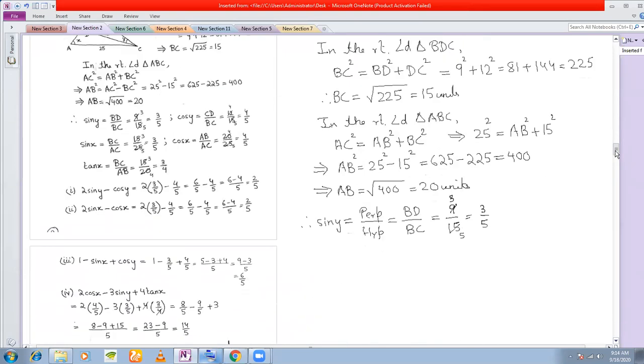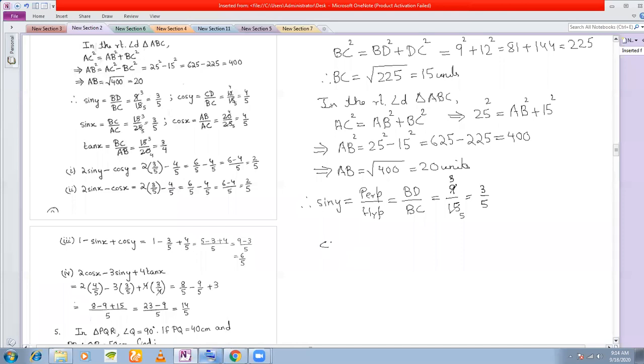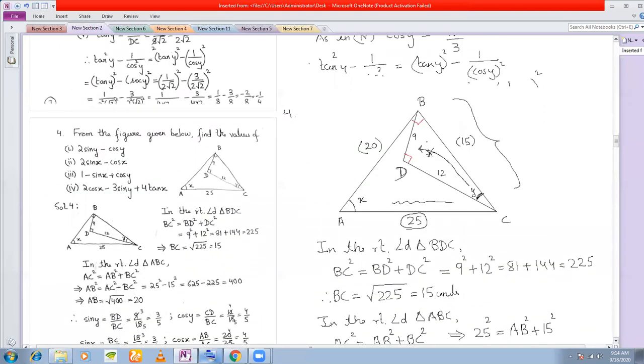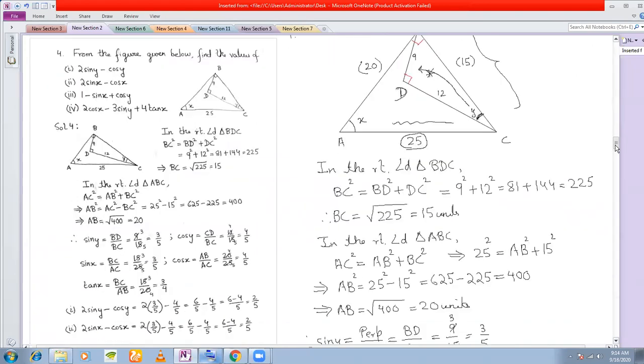Let us now proceed to find out cos y. Cos y is what ratio? It is the ratio of base to hypotenuse. Now let's see in the smaller triangle which one is my base. DC is my base because BD is my perpendicular.